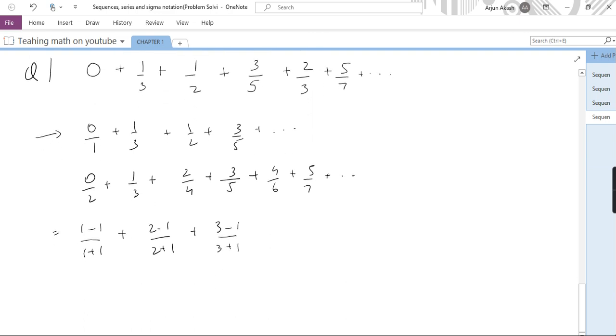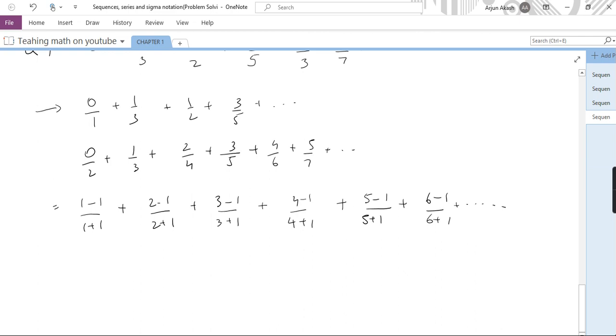And I think you should be getting a hold of what's happening. So I take the numbers 1, 2, and 3, the natural numbers, and I just keep on subtracting 1 for the numerator and adding 1 for the denominator. The next one is definitely 4 minus 1, 4 plus 1. It's 4 minus 1 is 3, plus 1 is 5. Next one is 5 minus 1 is 4 and 5 plus 1. Next one is 6 minus 1 and 6 plus 1. And this keeps on continuing.